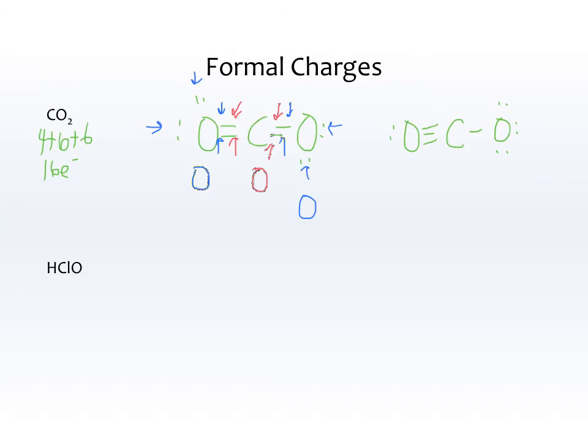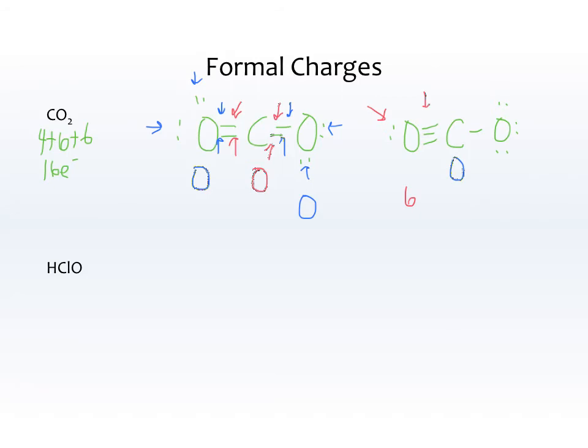For the carbon, again, carbon has 4 valence electrons, and 1, 2, 3, 4. So 4 valence electrons, 4 bonding pairs. That is a 0 formal charge for the carbon. Oxygen, on the other hand, is supposed to have 6. It's got 2, 3, 4, 5 here.